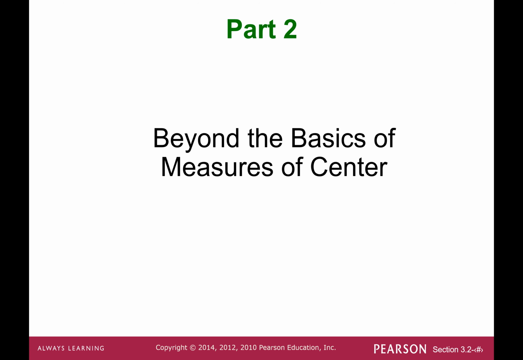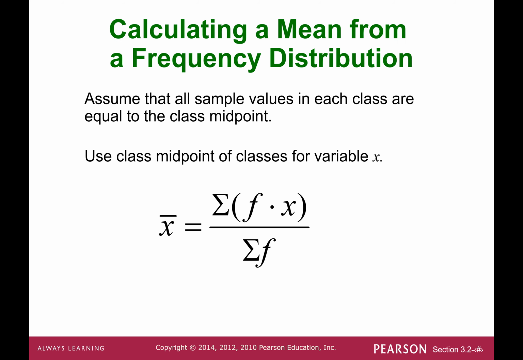All right, so now let's take a look at some applications of the measure of the center. First one is calculating the mean from the frequency distribution. So we learned the frequency distribution in chapter 2. So the formula is x sample mean for the frequency distribution equals summation of f times x over summation of f, where f represents individual frequency for each class.